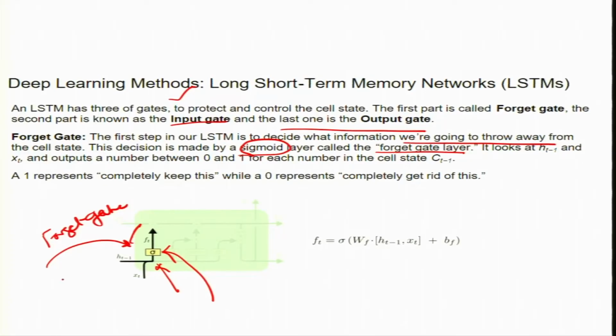It looks at the previous cell output, that is h t minus 1, and x t, the current input, and outputs a number between 0 and 1 for each number in the cell state C t minus 1. So, 1 means completely keep this and 0 means completely get rid of this. That means if 0 is enabled, then it will completely forget.